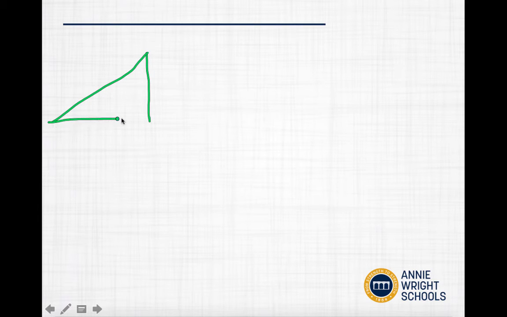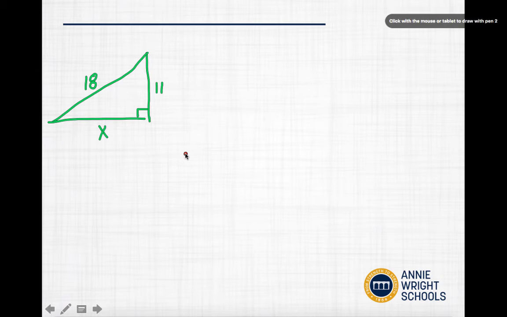You got a right triangle. The right angle is here. I'm going to tell you this side is 18 and this side is 11, and I want you to find this side, x. Pause the video now.